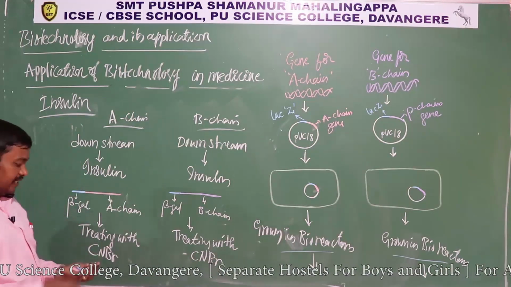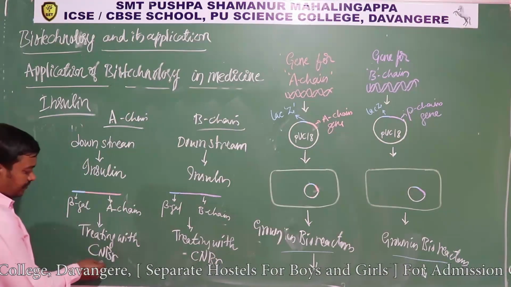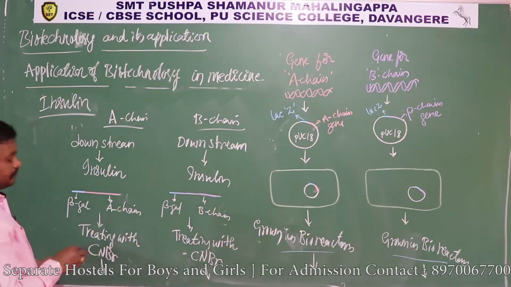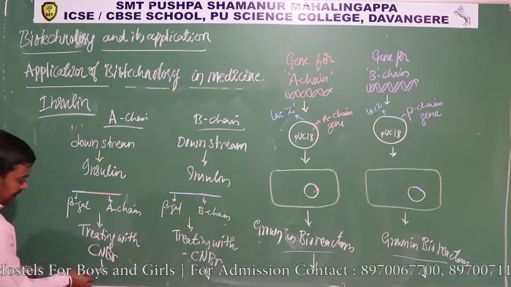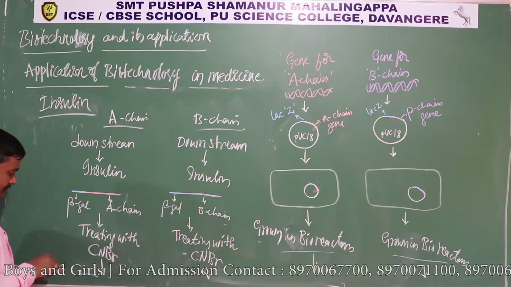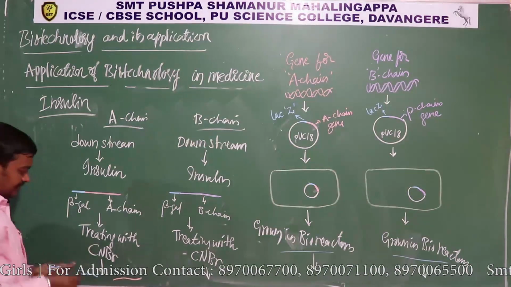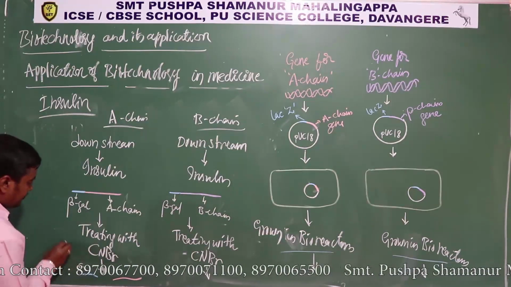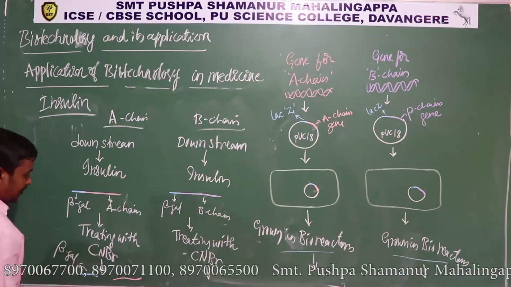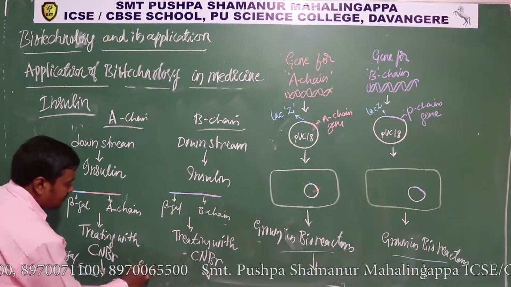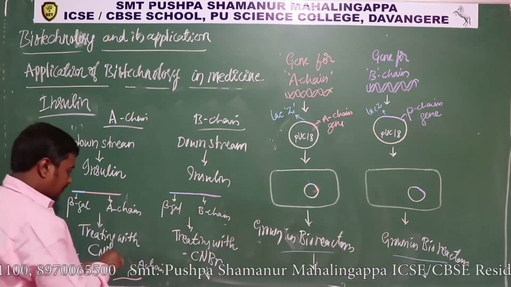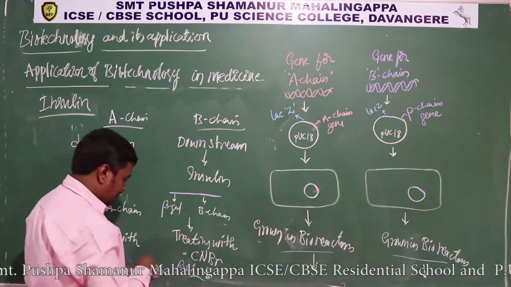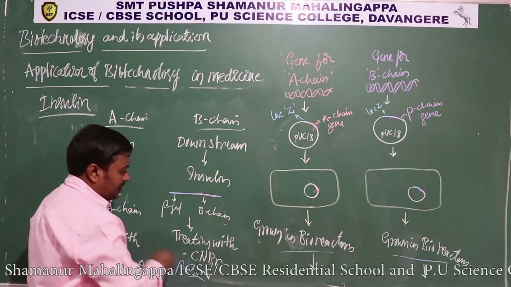So when they treated with CNBr, beta galactosidase is separated, A chain is separated. Here B gal is separated from the A chain. Similarly, beta galactosidase is separated and B chain is also separated.